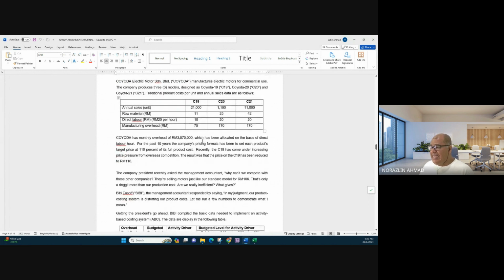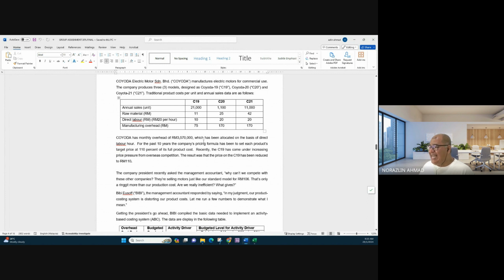Coyoda has monthly overhead of 3.57 million, which has been allocated on the basis of direct labor hours. For the past 10 years, the company's pricing formula has been to set each product's target price at 110% of its full product cost.